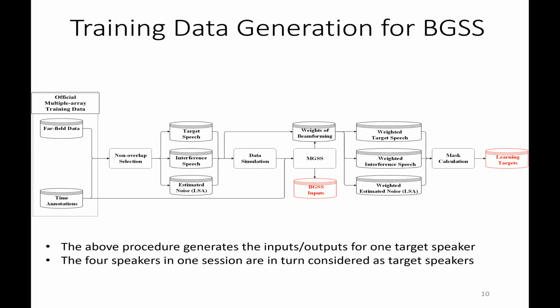The beamforming data after MGSS are the BGSS model inputs, while the weights of the beamforming are used to obtain weighted versions of target speech, interference speech, and noise, which are adopted to compute the masks as the learning targets of the BGSS model. Please note that this procedure generates the input and outputs for one target speaker. All the 4 speakers in one session are in turn considered as target speakers to generate all inputs and outputs for the BGSS model.